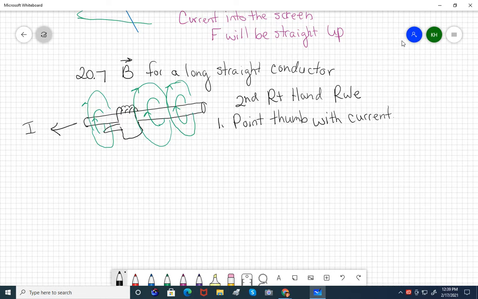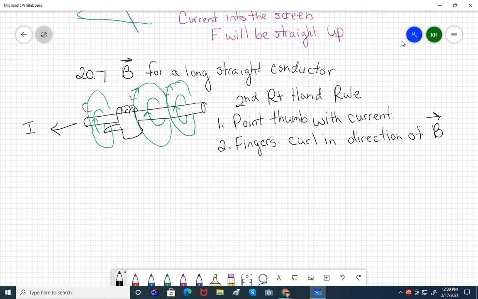You're basically just grabbing the wire, fingers curl in the direction of B. So we can tell that that's the correct direction. The other direction would be this way, and that would be the wrong direction in this example. So your fingers tell you what the correct direction is.